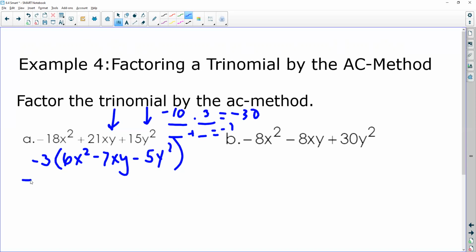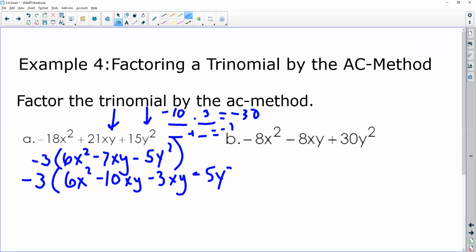So I'm going to rewrite that negative 3 up front and rewrite this negative 7xy into negative 10x minus negative 3xy minus 5y squared. Well, now group. You can see the process has not changed. Negative 3 stays out there. Out of the first group, I'm going to take 2x. That's going to leave me with 3x.